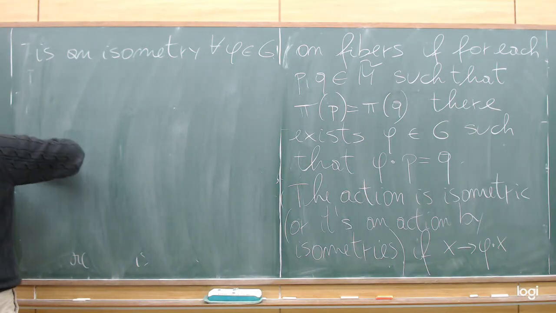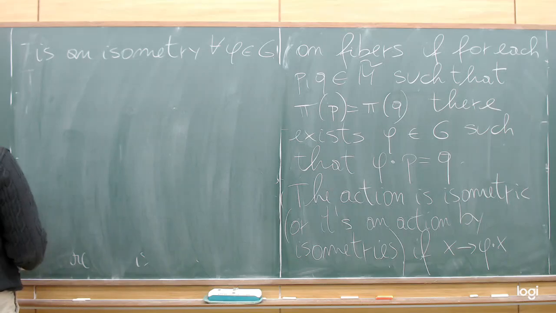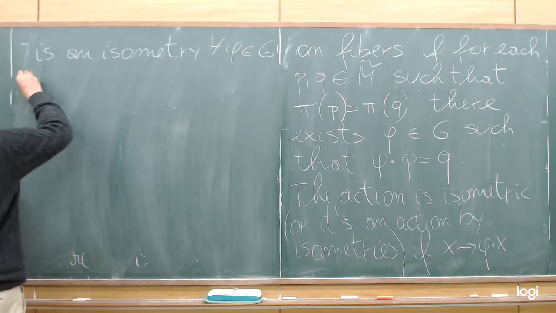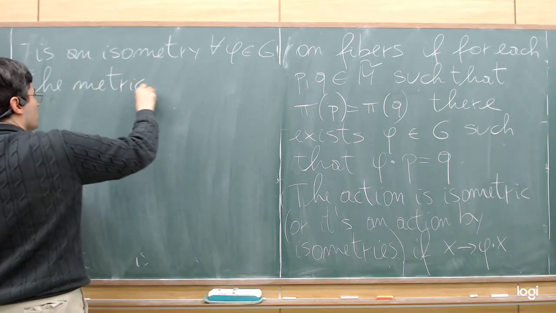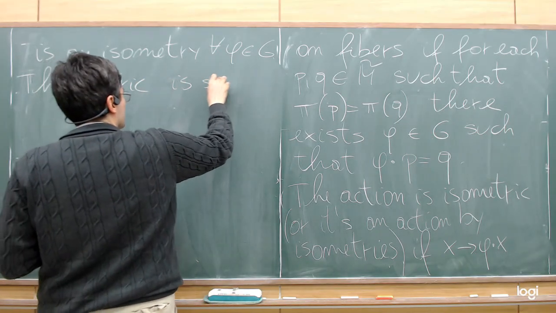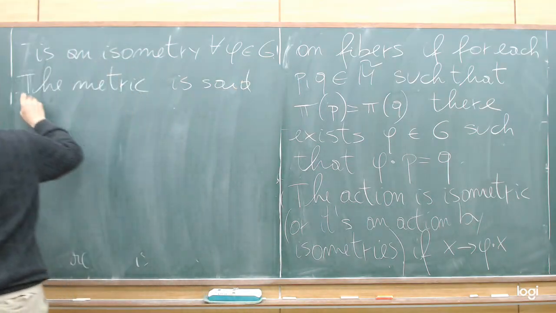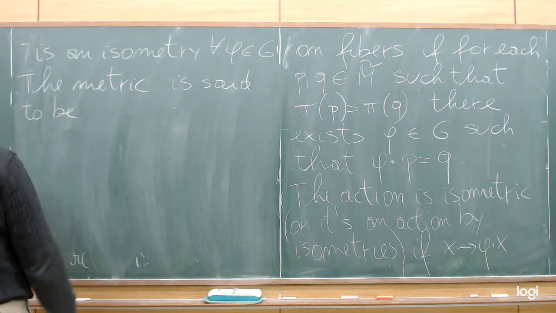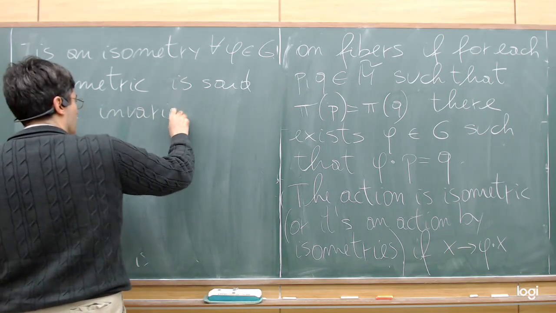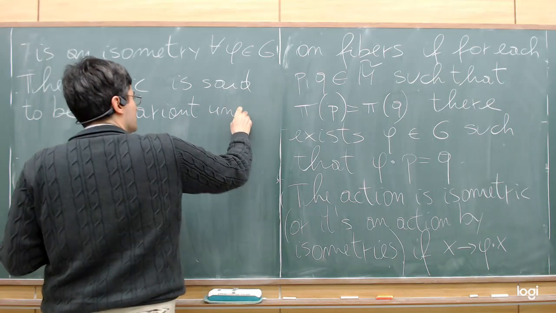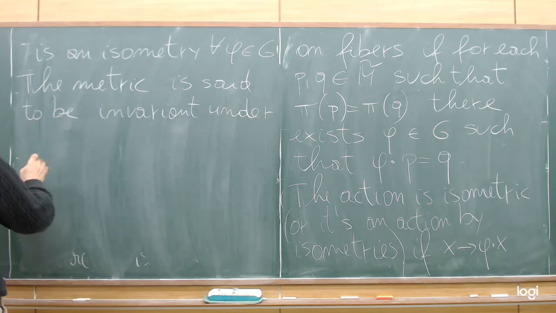In this case, the metric is said to be invariant under G.